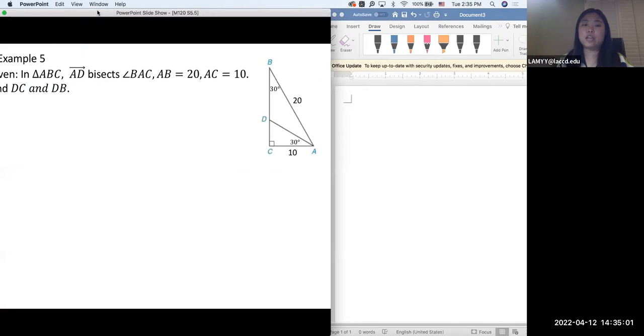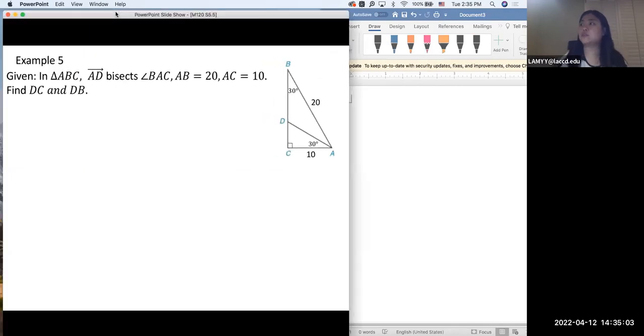You guys figure out the A. Find out the A first. What is your A equal to? A is 10.